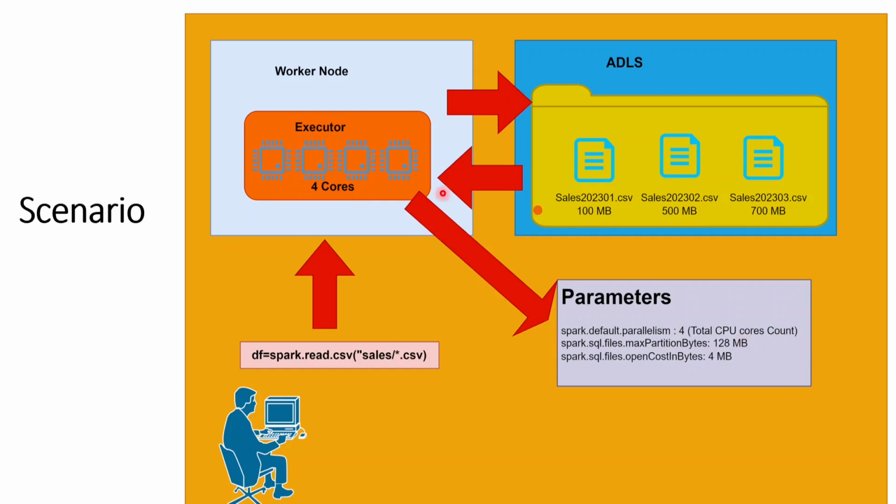Here we have 4 cores, so this parameter will be 4. The second parameter, maximum partition bytes, is 128 megabytes. I will go with the same value. And the third one, open cost in bytes, I'm also going with the default value of 4 megabytes. Whenever we submit this Spark application to the cluster, it will contact ADLS. Within ADLS, we have 3 files. Now let us try to understand how the number of partitions will be decided for this use case.